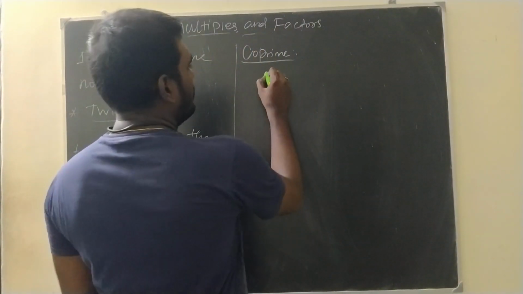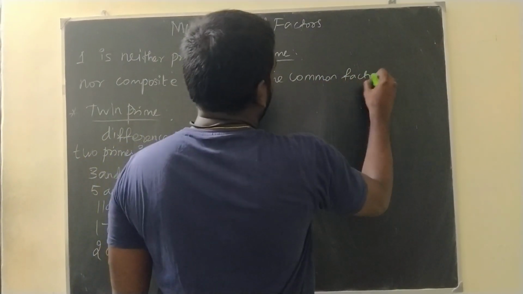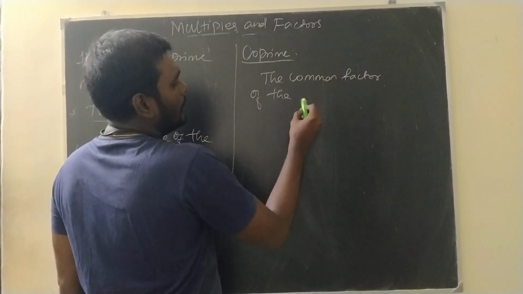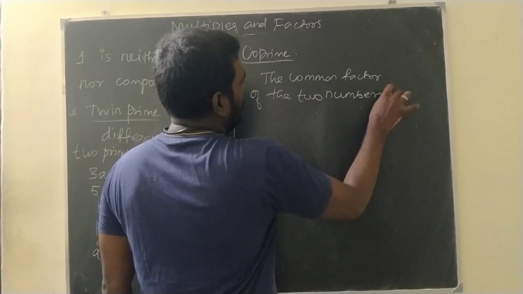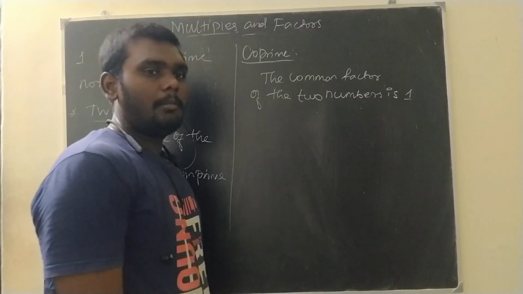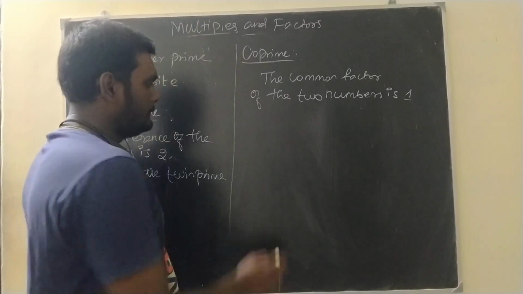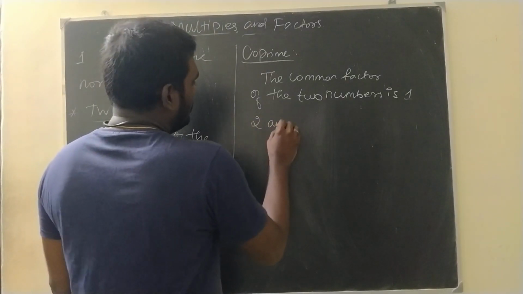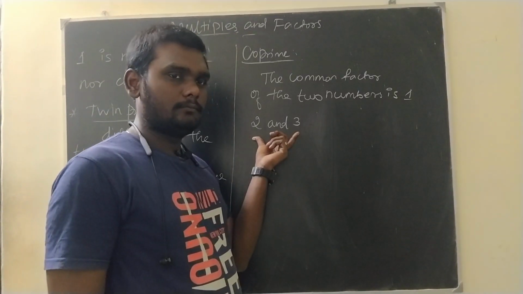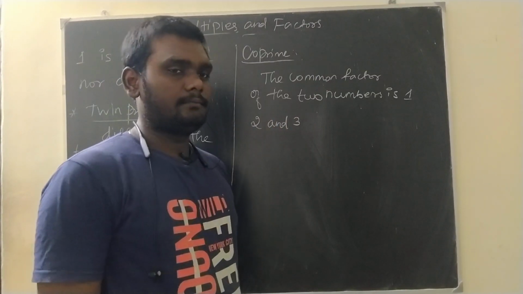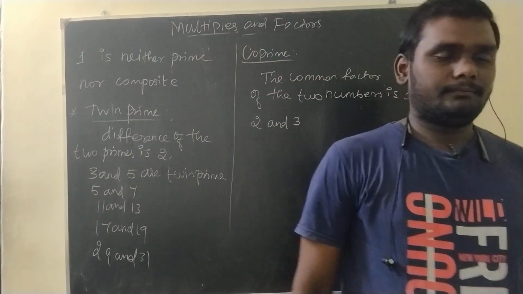Co-prime means the common factor of the two numbers involved is 1. If the common factor is 1, we can say the numbers are co-prime. For example, take 2 and 3. What is the common factor between them? 1. 3 and 5. 1. So, all the prime numbers are co-prime.